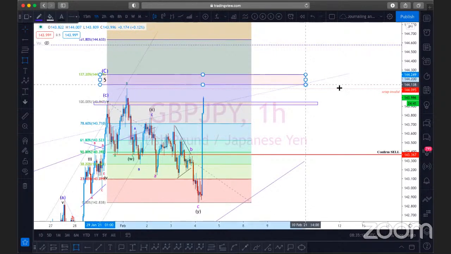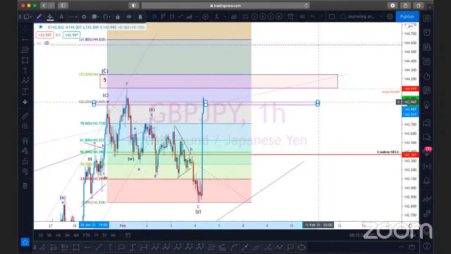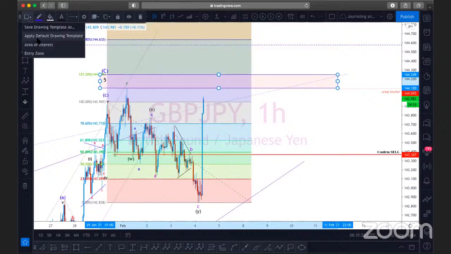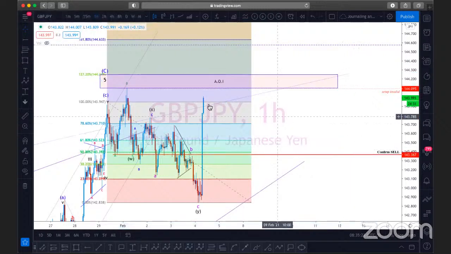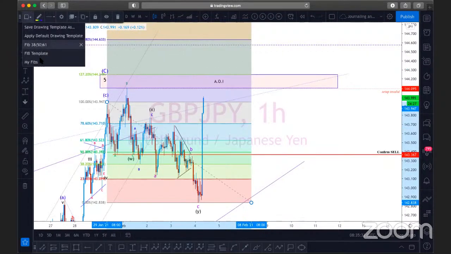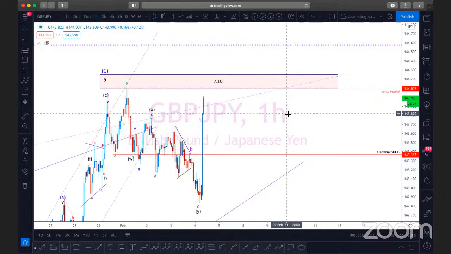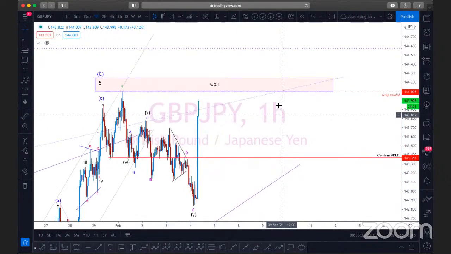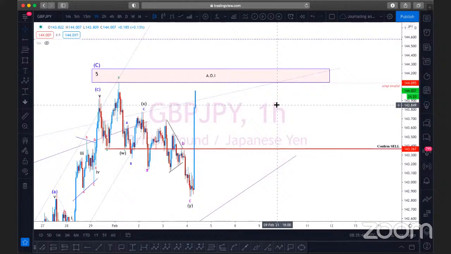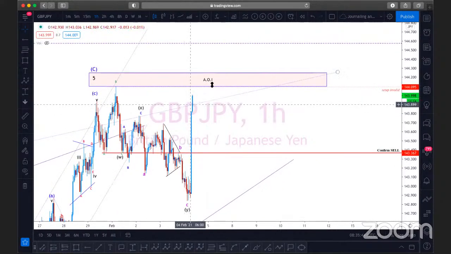So this now is just a little area for us to monitor. All right, so that becomes now our area of interest. So all we simply want to do now is to observe and see just how far this market would push.